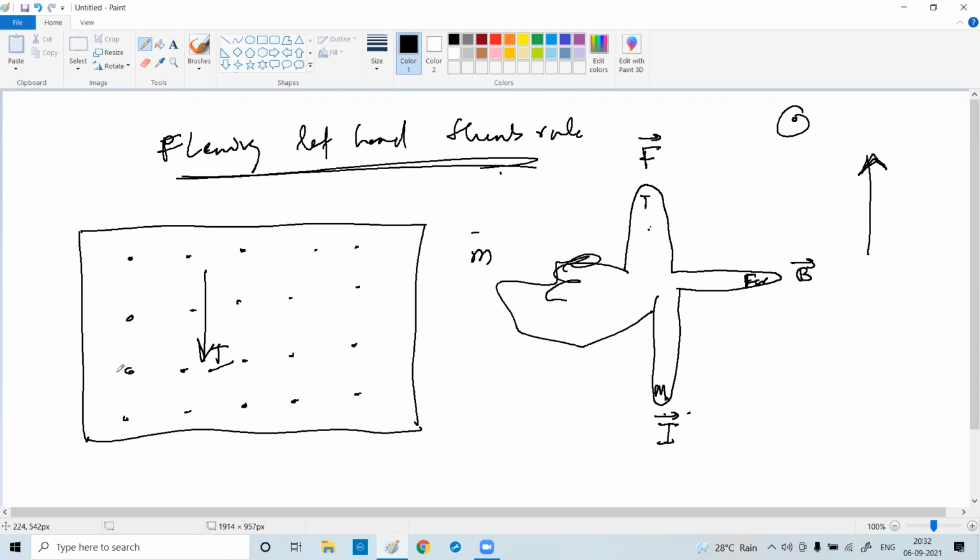How left side? Sir, outward. Magnetic field is outward. Yes, left is correct. And if the current is this side, then it will be this side. Clear? Yes, sir. So learn to apply.